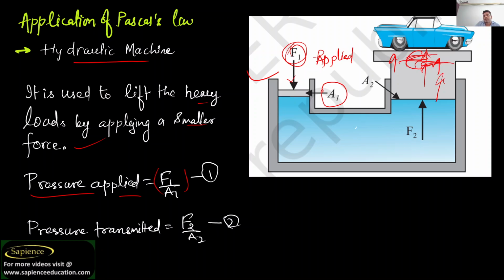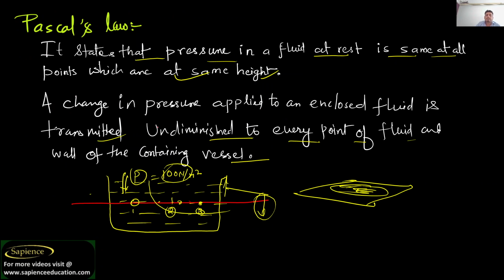If you apply a force F1 on an area A1, the pressure created is equal to F1 by A1, and the same pressure will be transmitted. Here, due to this transmitted pressure, it will be F2 by A2. Now, as we have just studied in Pascal's law, the pressure transmitted will be the same at every point.